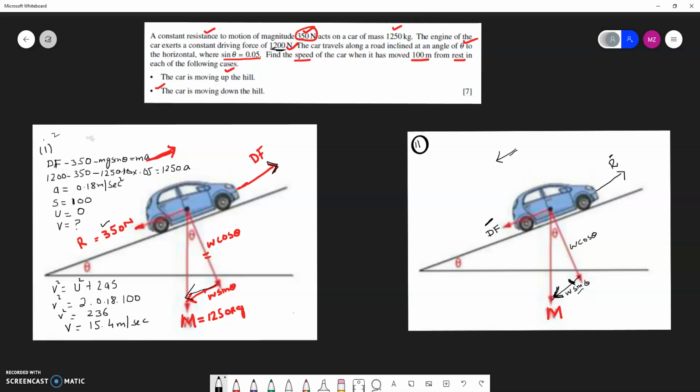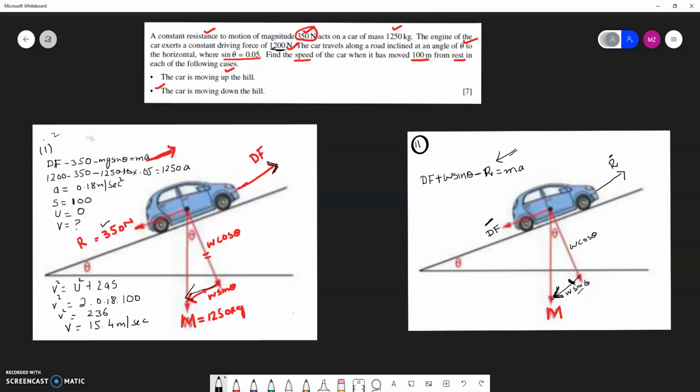So dF plus W sine theta, these are contributing to the motion, and minus R because it is trying to resist the motion, and that will be equal to ma according to Newton's second law of motion.